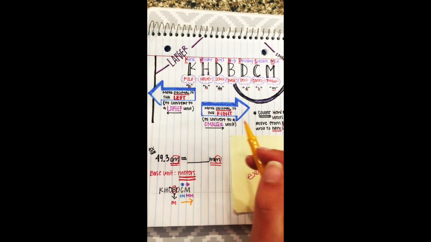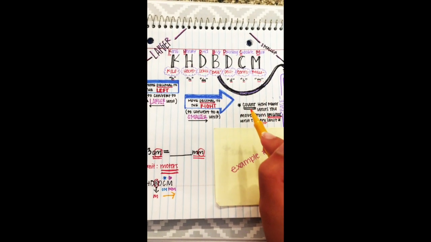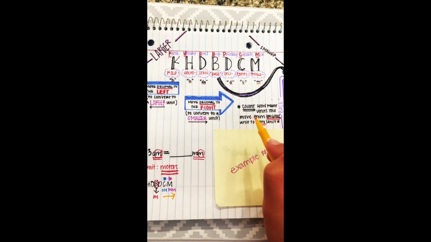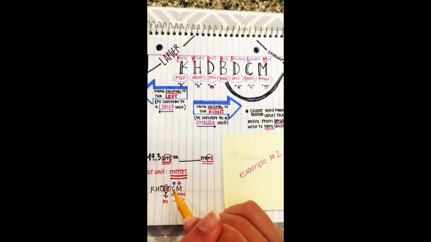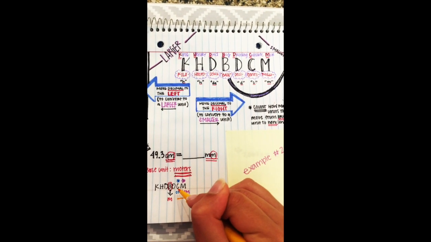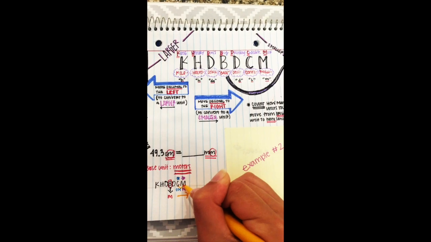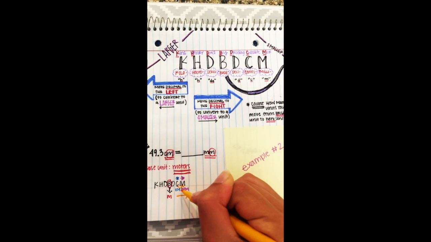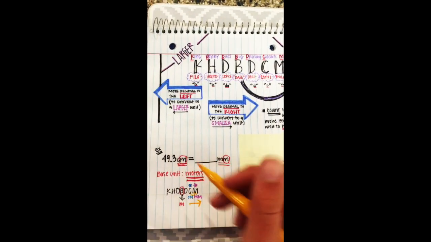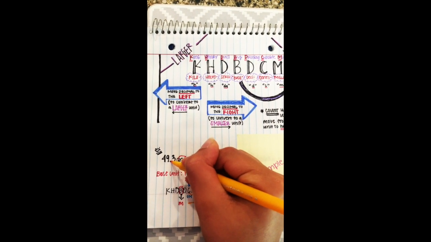And then how many times are we moving it to the right? We're going to count how many units we move from the original unit or the start unit to the new unit. So let's count. Centimeters to millimeters. How many arrows did we move? Just one this time, just one. So here's my decimal. I know that I'm moving it to the right because I'm moving in that direction.